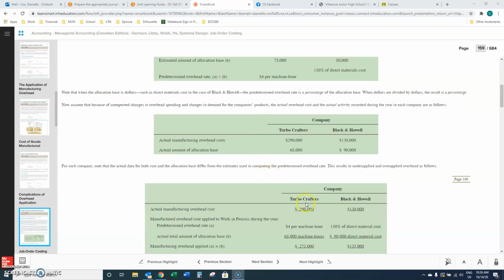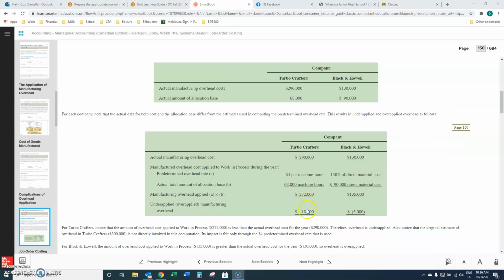So that's your estimate, $4 per machine hour, and it would have been allocated throughout the year as actual product was produced. So they would have allocated 68,000 machine hours at $4 per hour, so it would have been 272,000 applied to your work in process.